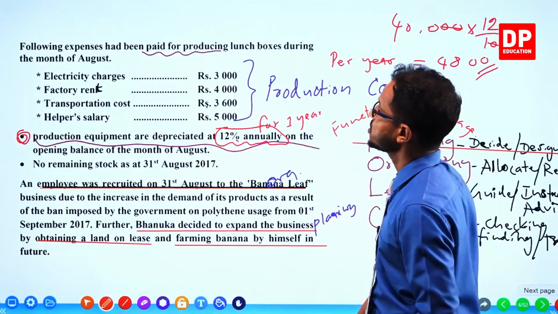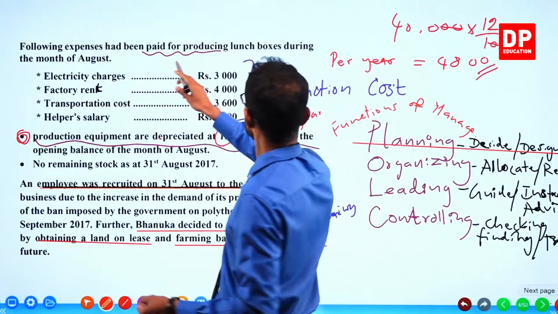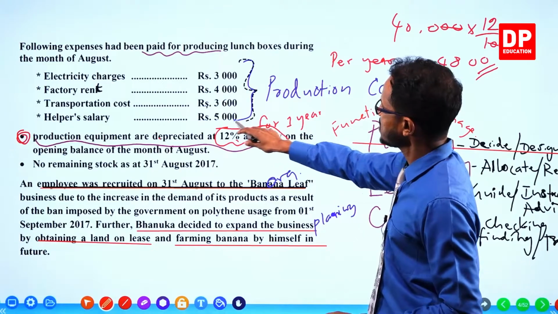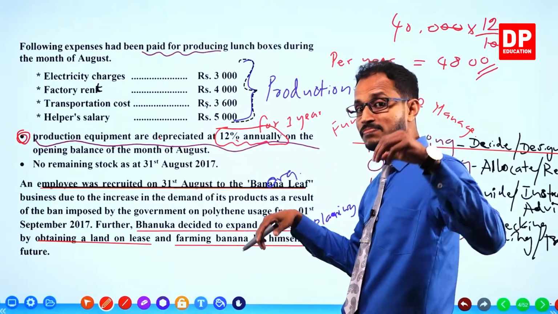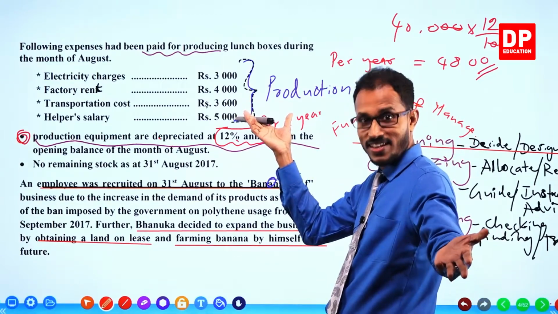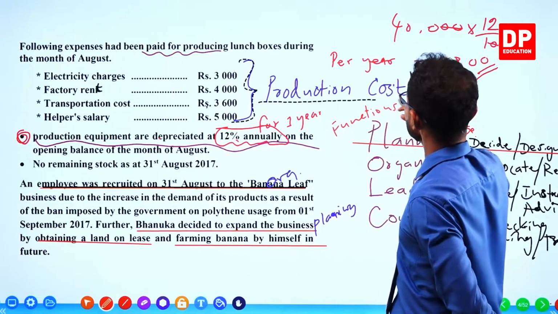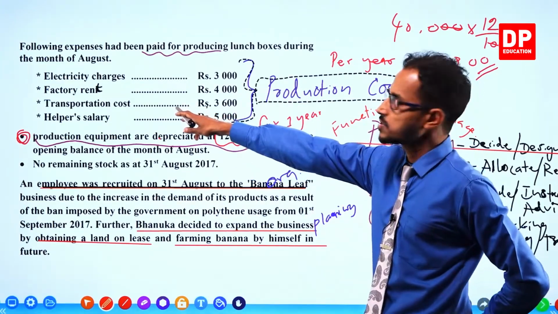Go to the other page and see what other things. I have already marked the items. See, production cost items. These are overhead items.